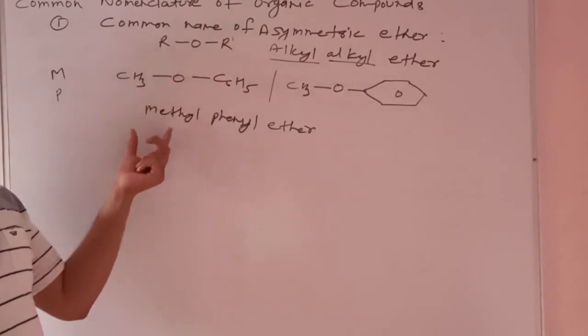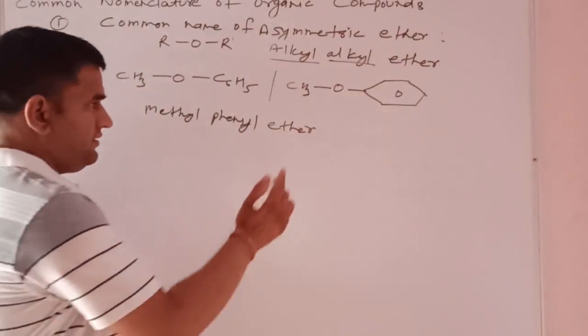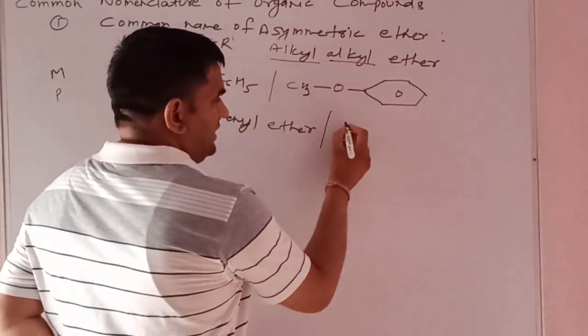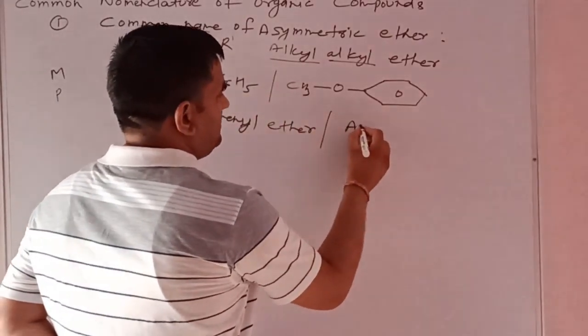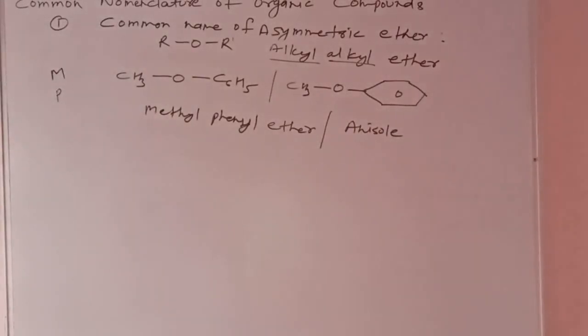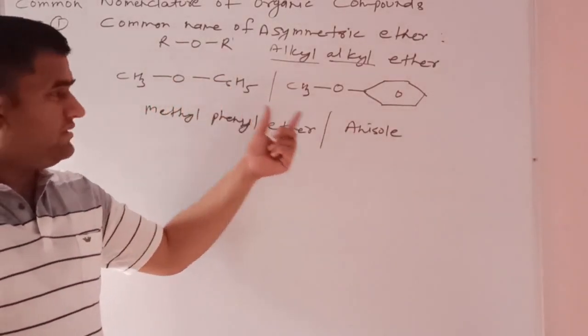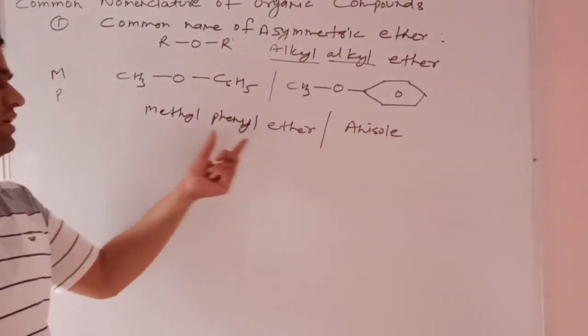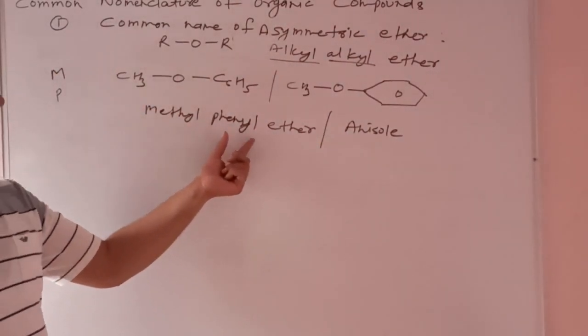The common name of this ether is methyl phenyl ether, and the other name of this ether is anisole. This ether is anisole, and the common name of this ether is methyl phenyl ether.